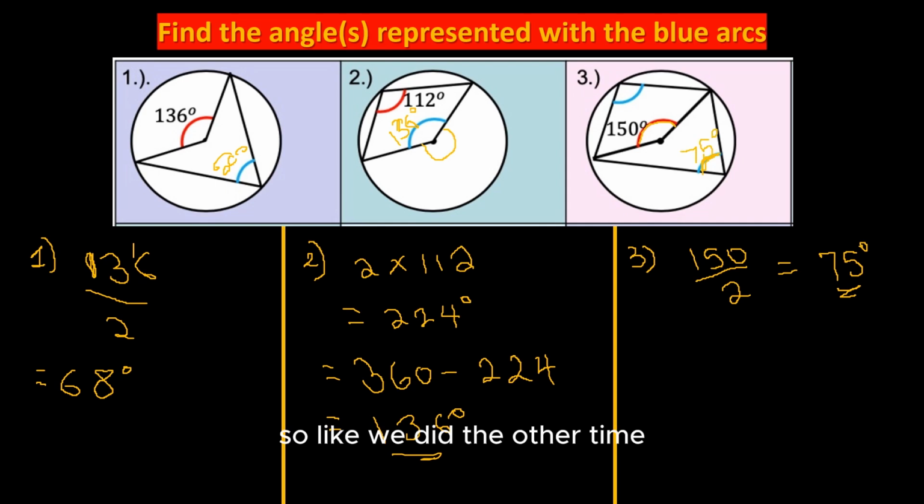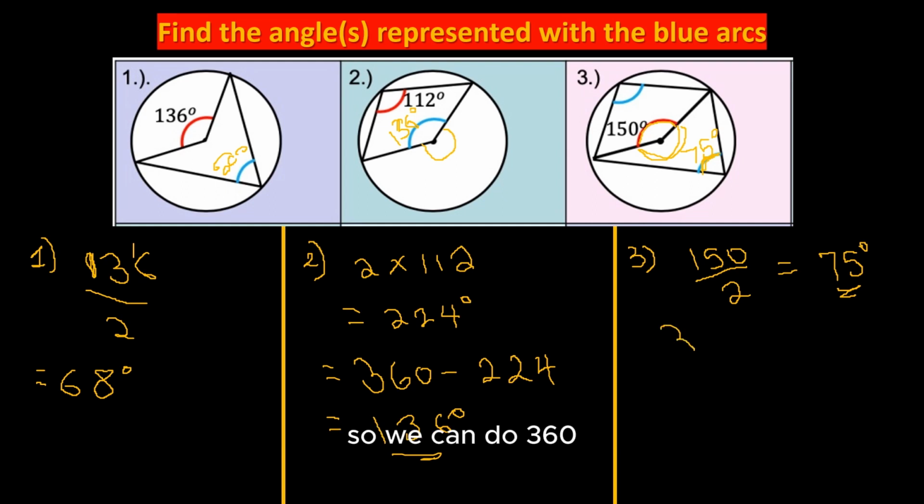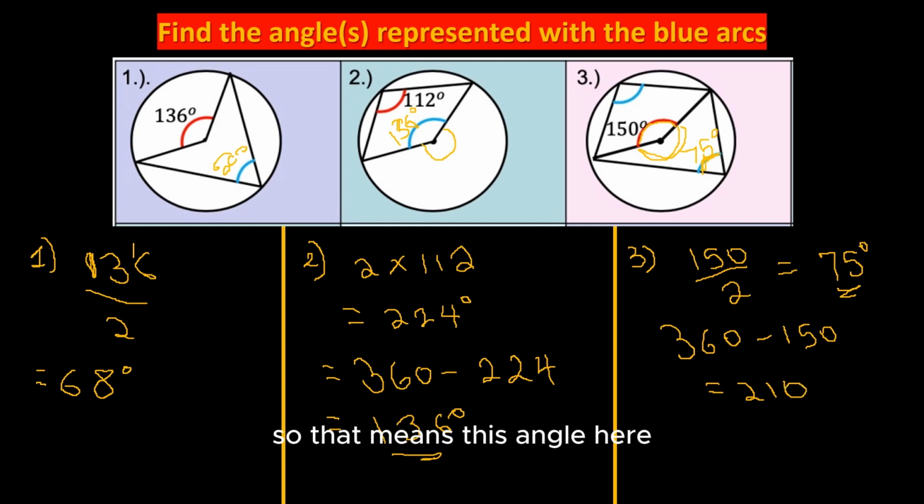So like we did the other time, this place and the 150, they are formed on a point which is 360 degrees. So we can do 360 take away 150. 360 minus 150 will give us 210. So that means this angle here, the yellow part, is 210.